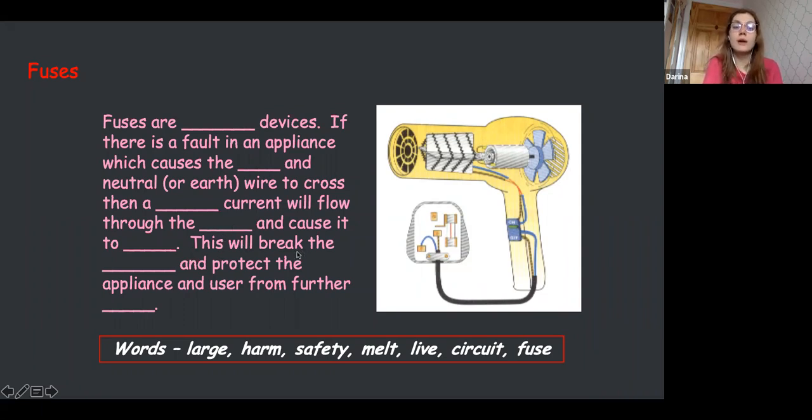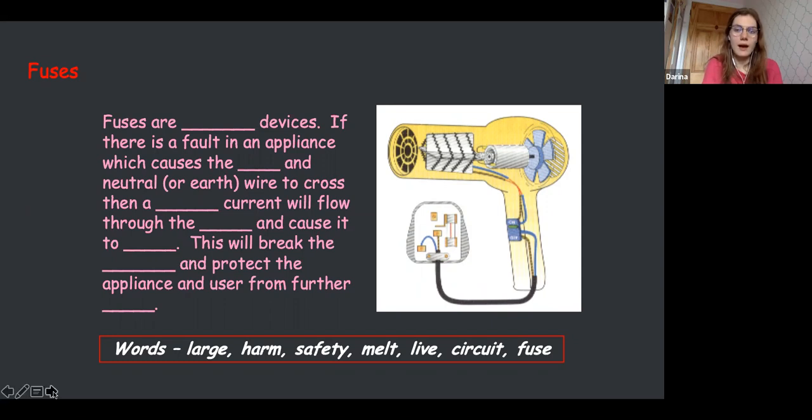This one is, this will break the circuit for sure and protect the appliance and user from further harm. Great. So essentially what this is saying is exactly what we've just talked about. When there is a short circuit, so when the live wire and the neutral or the earth wire cross, there's some kind of malfunction, then the current gets really high, the fuse melts and the circuit is broken.